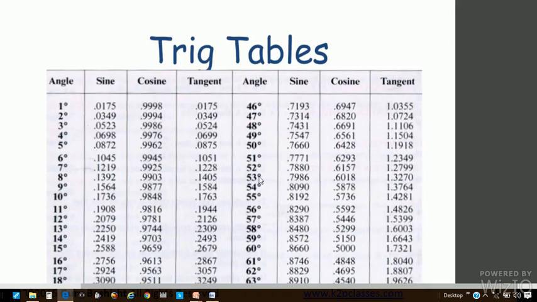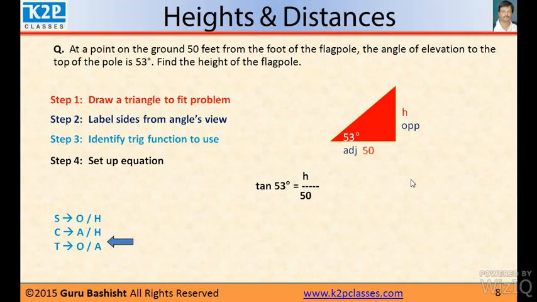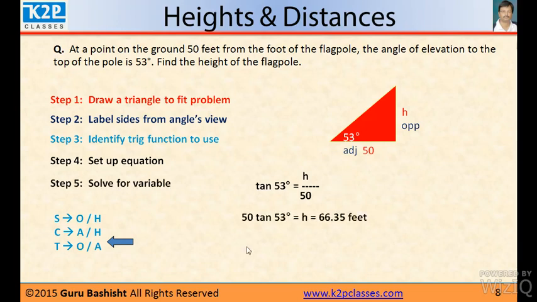So 53, yes, 53 here, and the value is 1.3270. So the value of tan 53 degrees is 1.3270. So h equals tan 53 multiplied by 50, and that is nothing but 66.36 feet. Okay.